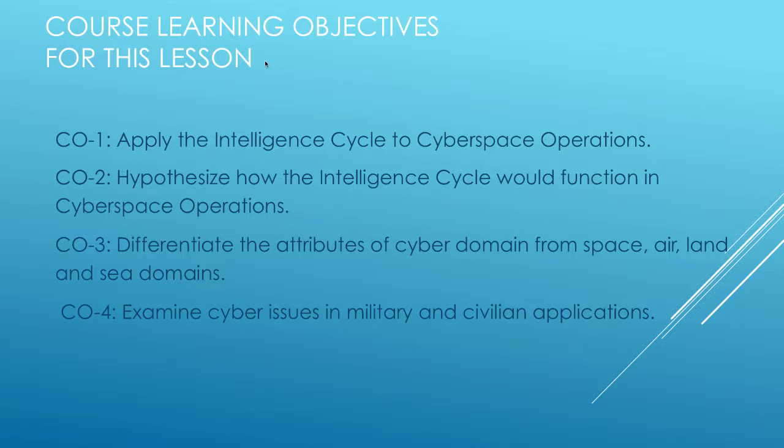There are 6 objectives for the course, 4 of which will be addressed in this week's lesson, and you see them on this slide. In particular, we will continually counterbalance the use of the intelligence cycle in pursuit of cyber targets, and we will explore how the commercial sector is able to employ the intelligence cycle on the cyber side as well as in other areas.